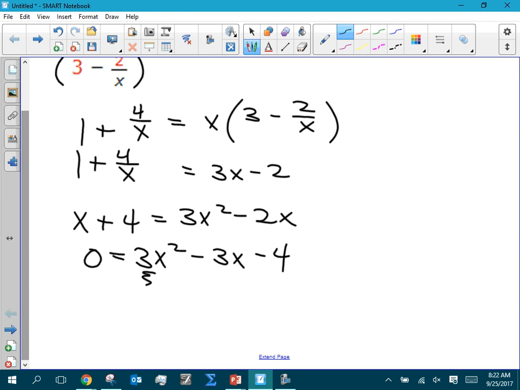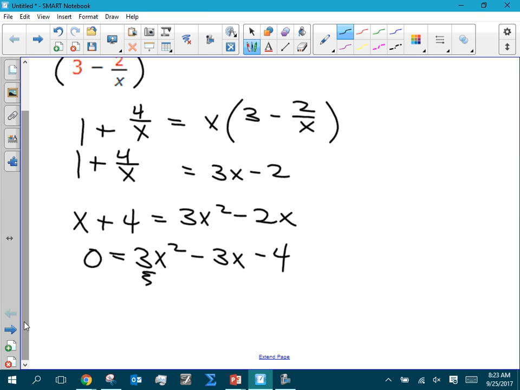But say that they were all multiples of 2, maybe they were like 6, 6, and 8, right? Well, I can bring a 2 out, make it 3, 3, and 4, and it's going to make my work with the quadratic formula a little bit easier, right? So regardless of whether I can make that a 1 or not, still see if there is at least something that will factor out of everything as a GCF, just to make your future calculations a little bit easier. But nothing works there.